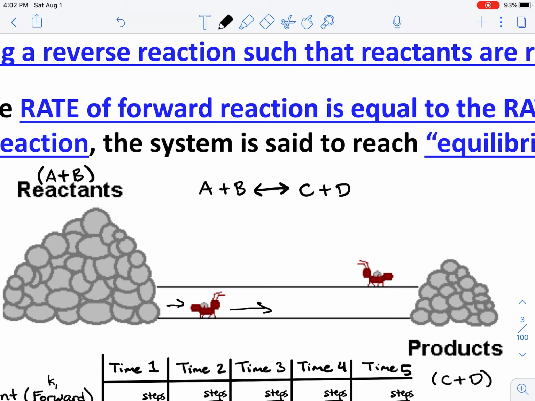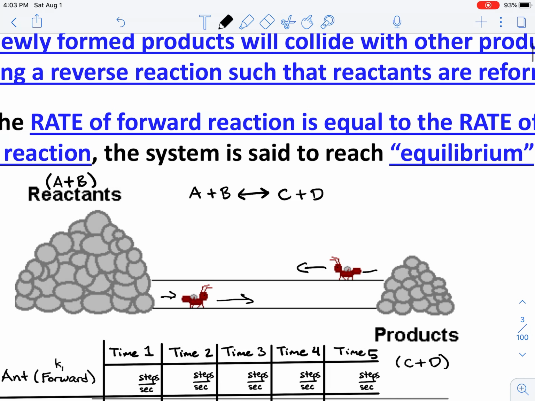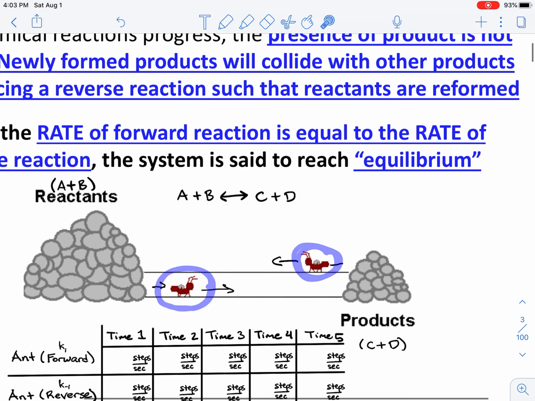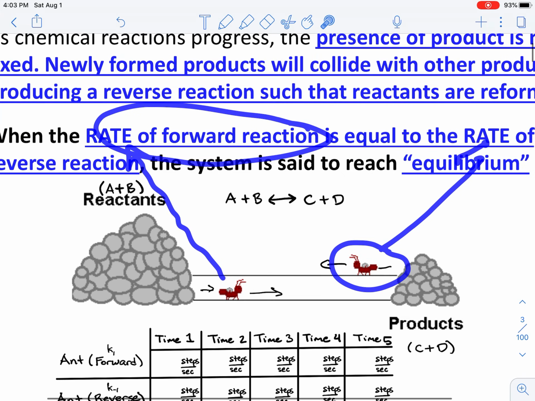And this other ant is transporting these rocks from the product side to the reactant side. And so we can go ahead and associate the rate of movement of these ants to the rate of the forward reaction and the rate of the reverse reaction.